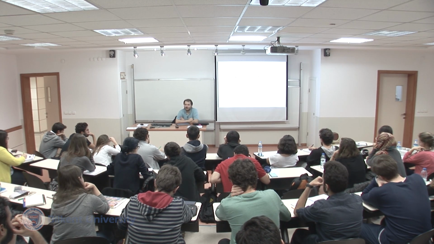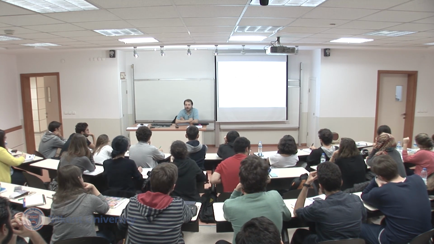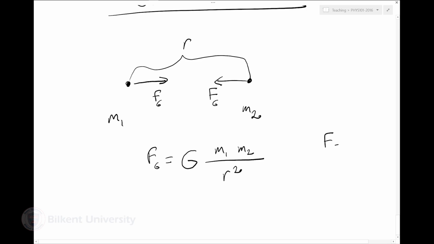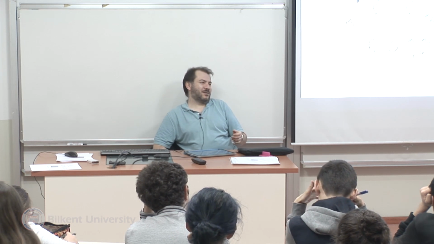And the great thing about Newton is that once he started out with this force formula, by applying F equals ma, so this gravitational law plus F equals ma, he could really write down equations which explained motion of the planets around the sun to a great degree of accuracy. So that's sort of what made Newton famous.